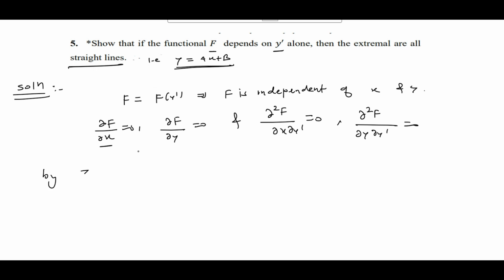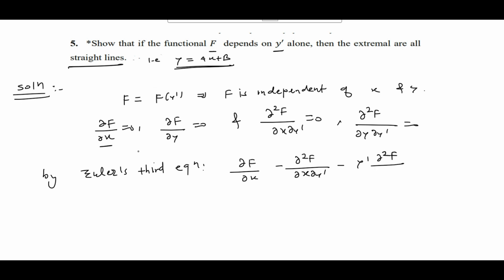So by using Euler's third equation, that is del f over del x negative del square f over del x del y dash negative y dash del square f over del y dash negative y double dash del square f over del y dash square is equal to 0, this quantity will be 0, again it will become 0, again it becomes 0, negative y double dash del square f over del y dash square is equal to 0.